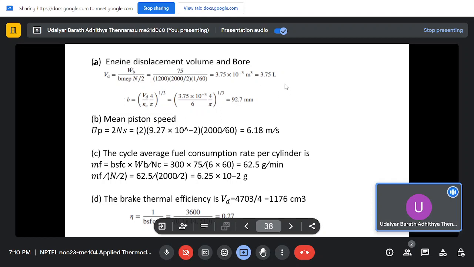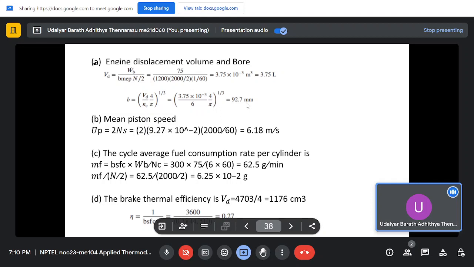So we can find the bore diameter from here, and the number of cylinders is 6. So displacement volume per cylinder is 3.75 divided by 6, converting it to meter cube, into 4 by pi raised to power 1 by 3, so it will give you 92.7 mm. So the bore diameter is 92.7 mm.